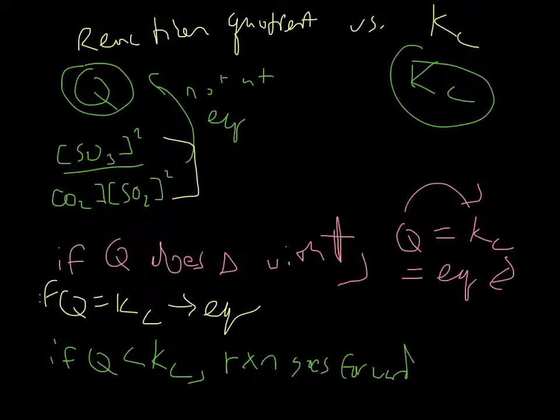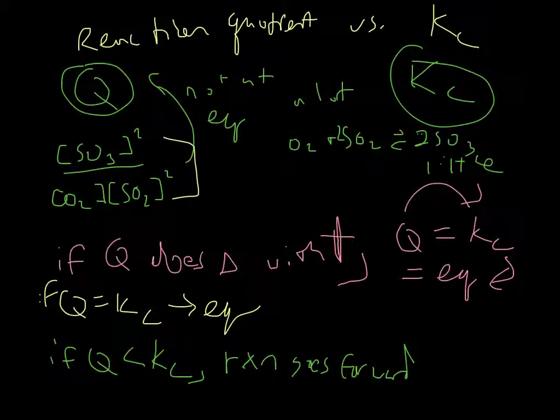I'll try to give you a visual. Let's say we have O2 plus 2SO2 makes 2SO3. If we have a ton on this side and a little over here, our reaction wants to reach equilibrium, so it's going to make a lot of SO3 so that you can have the proper amount on each side. I would visualize favoring the product side as a big arrow that way.